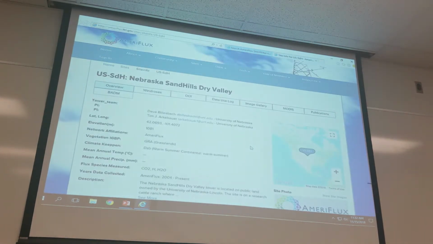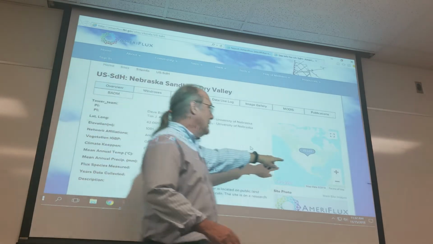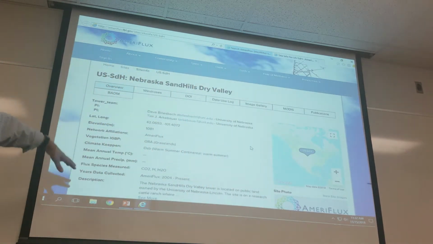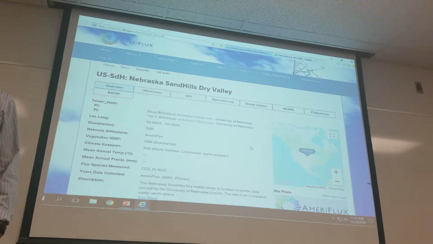And data is available from all these sites, available to the public. If you want, I think you have to register with your name and email and stuff like that. But you can go and download the data from this site. Actually, this one's got big gaps in it, but you can download the data from this site and do whatever you want with it.